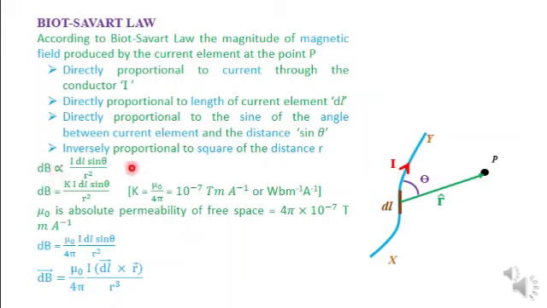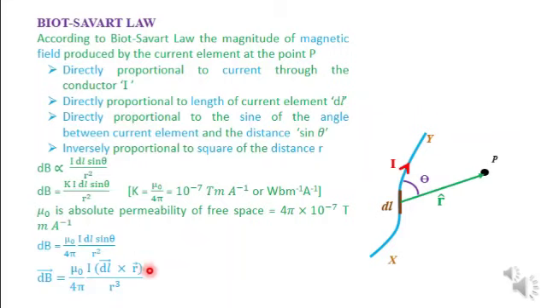Then dB equals k into I dl sine theta divided by r square, where k equals mu0 divided by 4 pi. Here, mu0 is known as absolute permeability of the free space. Then, the above equation becomes dB equals mu0 by 4 pi I dl sine theta divided by r square.